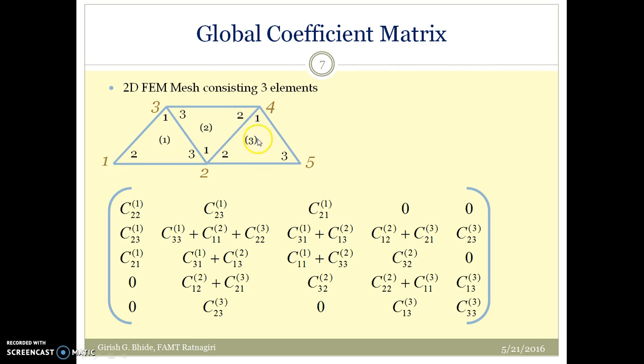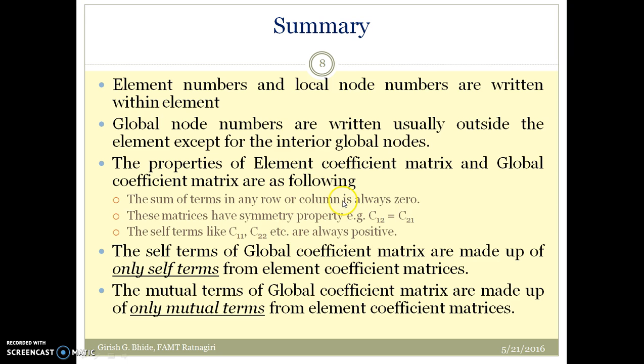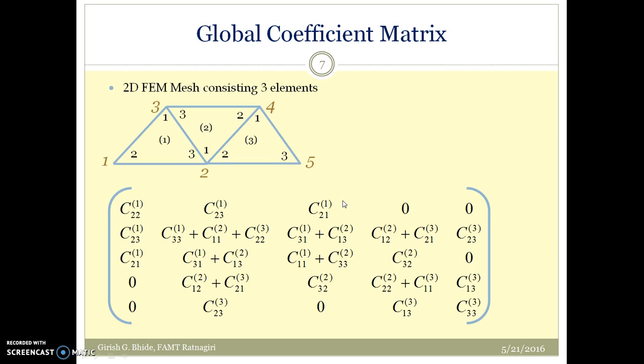Let us take one more example as a mutual term, C24. C24 means this term. So C24 is global node number 2 connected with global node number 4 via element number 2 and element number 3.